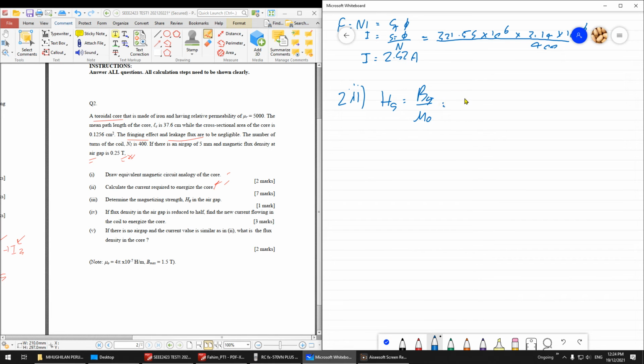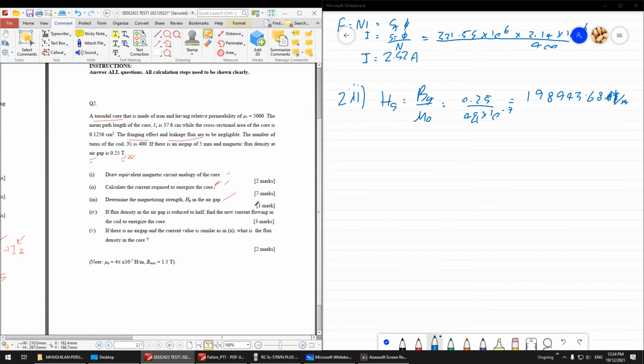So Bg you already know. Bg is 0.25. Mu naught is 4 pi times 10 to the negative 7. So you get 198,943.68 A/m, or about 80 per meter. So this is the answer for number 3.